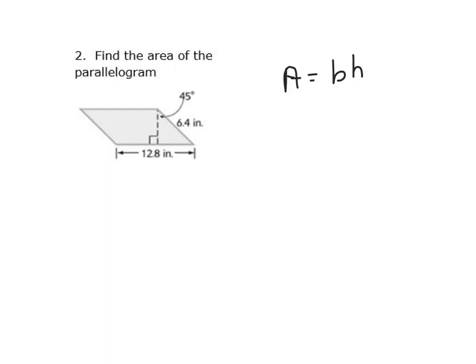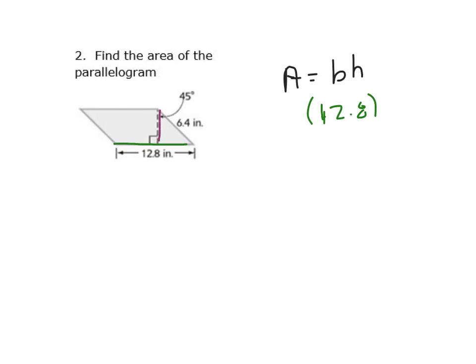So in the next problem, we have another parallelogram in which we have to find the area. Area is base times height. Remember, base and height are always perpendicular. So one dimension is going to be 12.8. And then the other one we need to find.